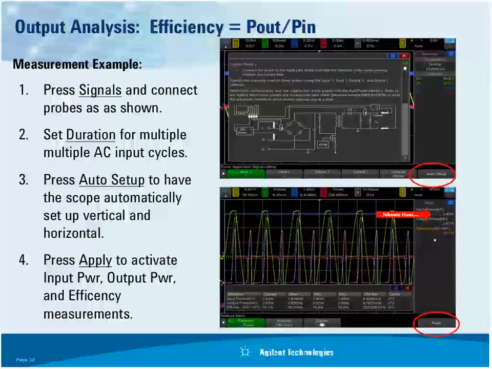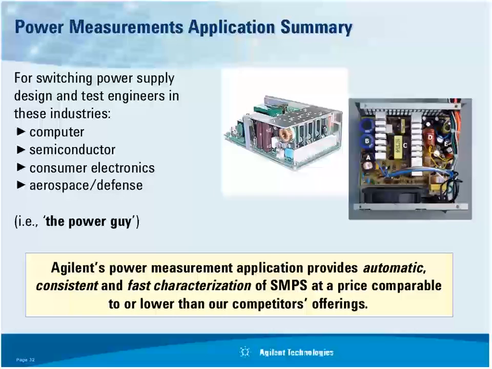You could then connect your probes to the DC output and measure the output power. That's going to be very easy to compute because in this case we're showing a DC signal here and a DC signal here. You're going to have DC power, and then you could just compute the power yourself if you don't have enough probes to perform this automatically.